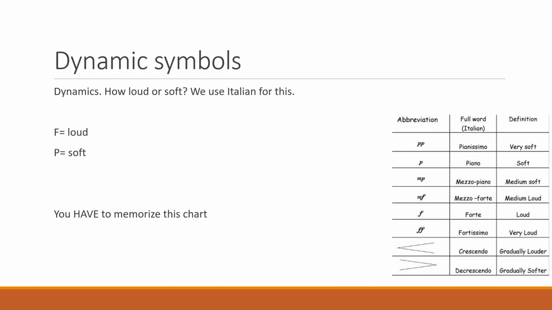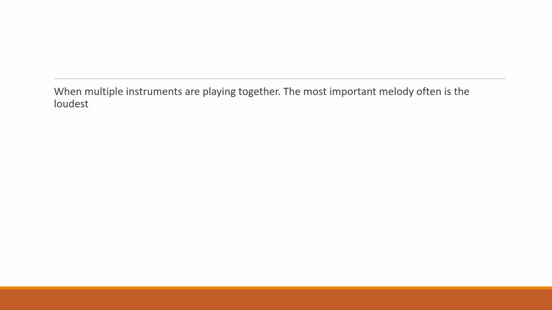So, one more time, P is soft, F is loud, then we have mezzo piano, which is a bit piano, and mezzo forte, which is a bit forte, a bit medium. When multiple instruments play together, most of the time the most important melody is the loudest, but that doesn't have to be.